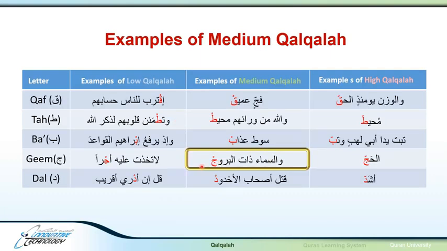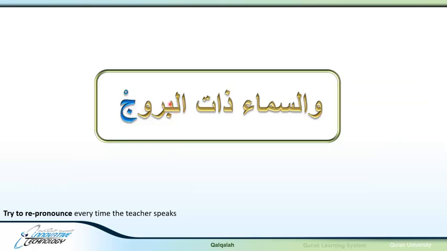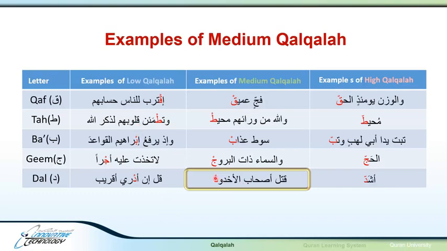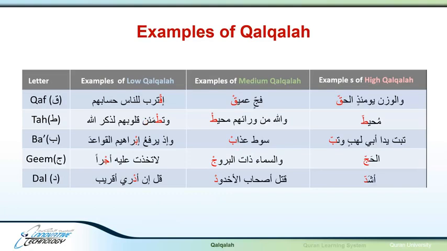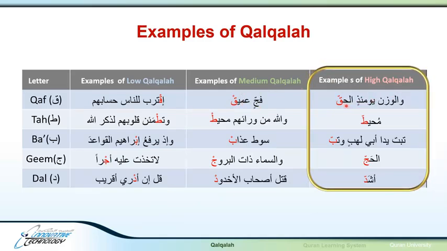Then البروج, end of the word, end of the verse, and it has sukoon. والسماء ذات البروج. And then الأخدود. Dal at the end of a word, at the end of a verse. قتل أصحاب الأخدود.